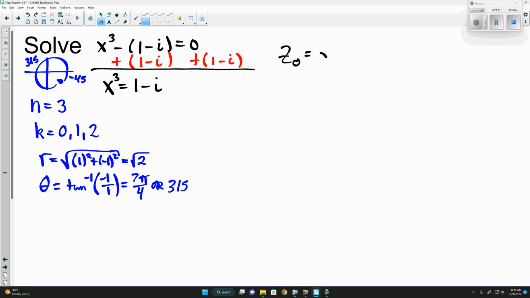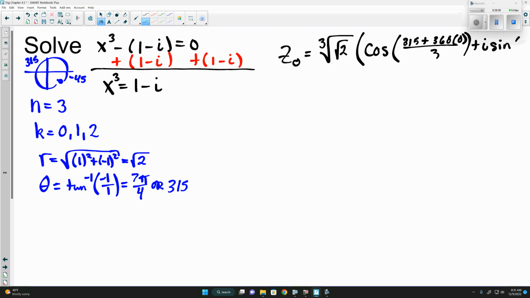Z sub 0 is equal to, since we're taking the cubed root, the third root of r, which is square root of 2, times cosine of 315 plus 360 times 0 all over 3, plus i sine of the exact same thing. Ran out of room.